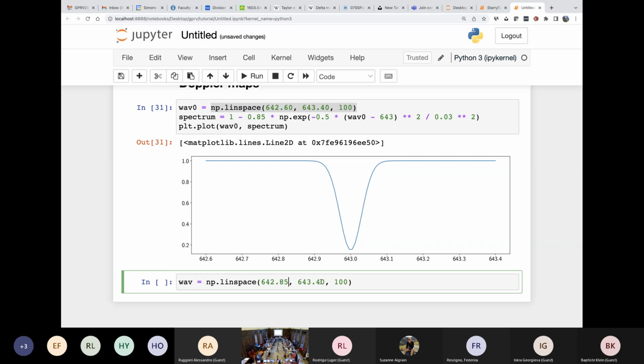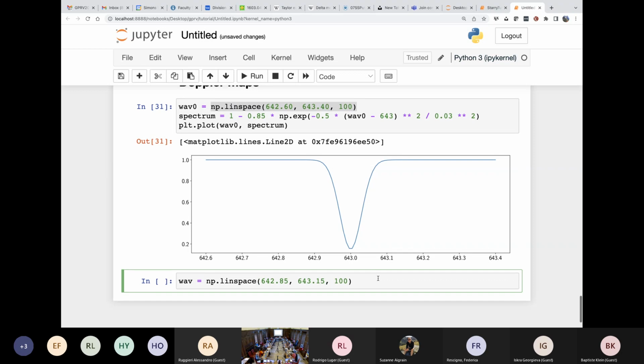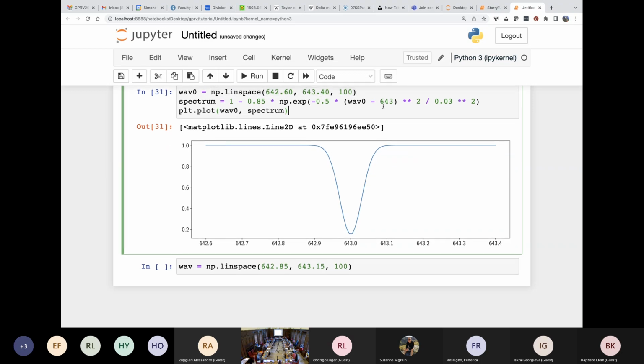You'll notice that it's a slightly smaller wavelength array. The reason is that when you Doppler shift things, you need to define your rest frame spectrum on a longer grid to get rid of edge effects, essentially. It actually doesn't matter what numbers you put in here, but these are pre-vetted to work.